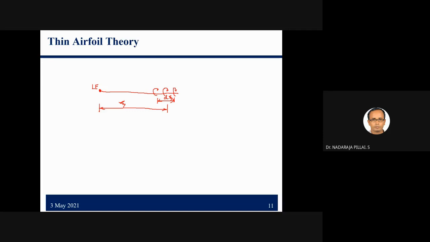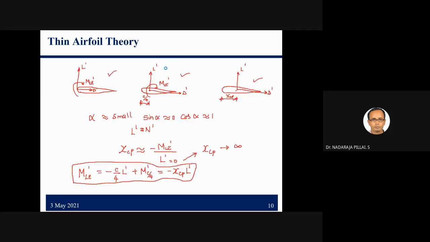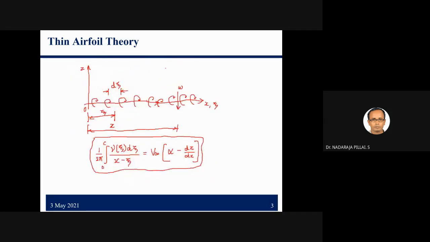So here I have the L dash or the elemental lift dL. And for the whole, one can take d gamma is equal to minus gamma of zeta into d zeta. That we already know. We have all this information, so I have just drawn this particular one.